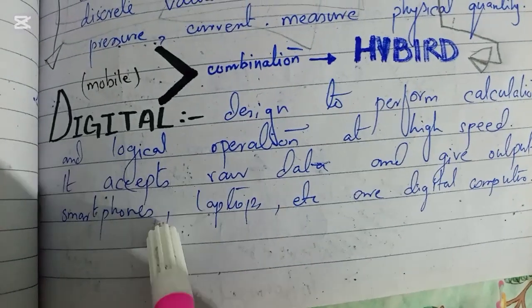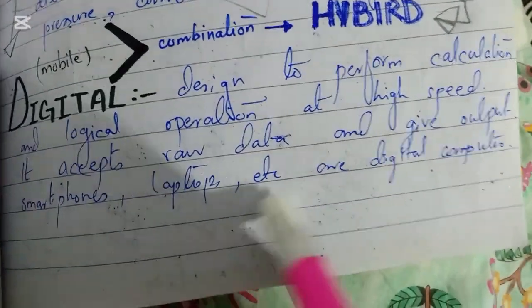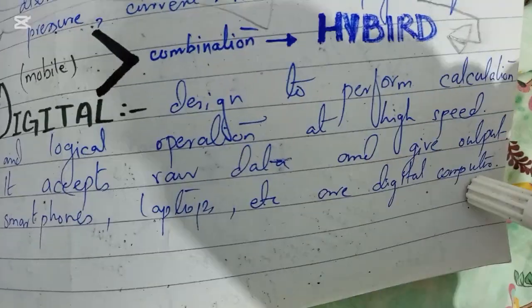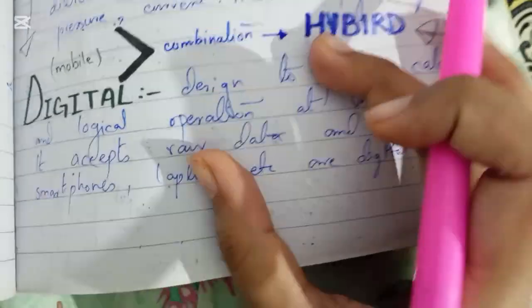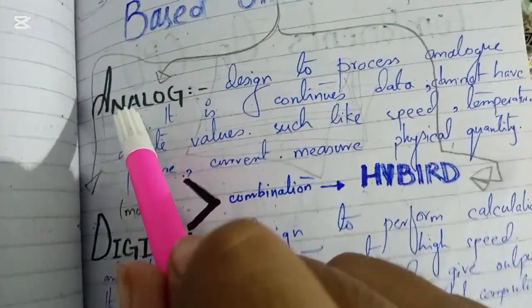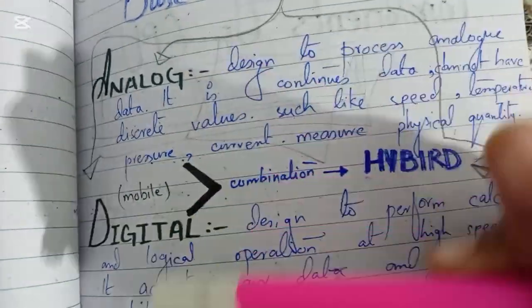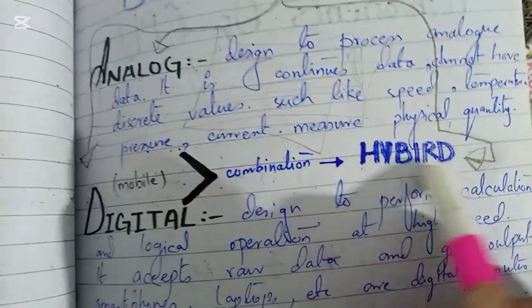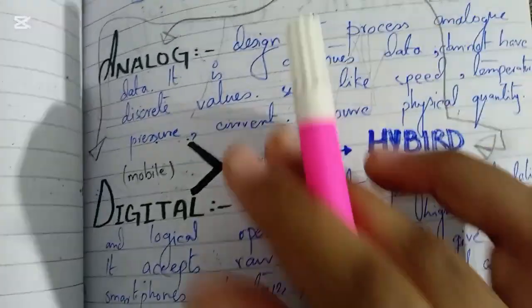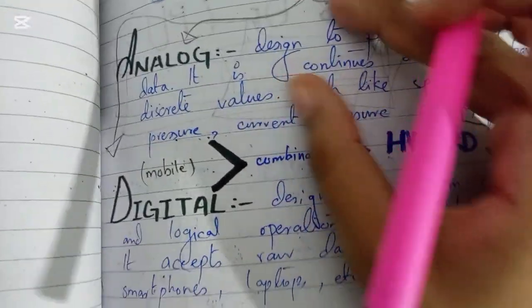Now digital, designed to perform calculations and logical operations at a high speed. It accepts raw data and gives output. For example, smartphones, laptops, etc. are digital computers, those which calculate constant amounts of data.